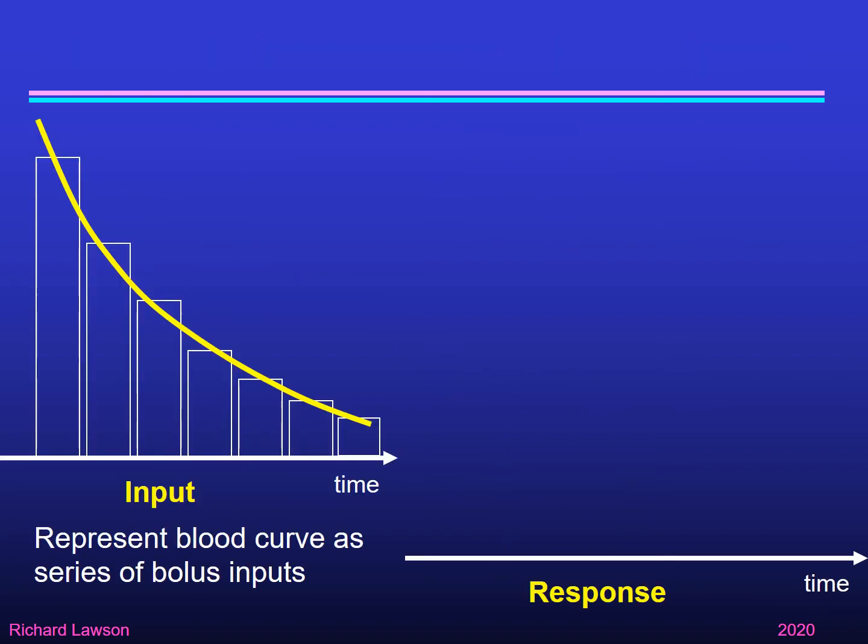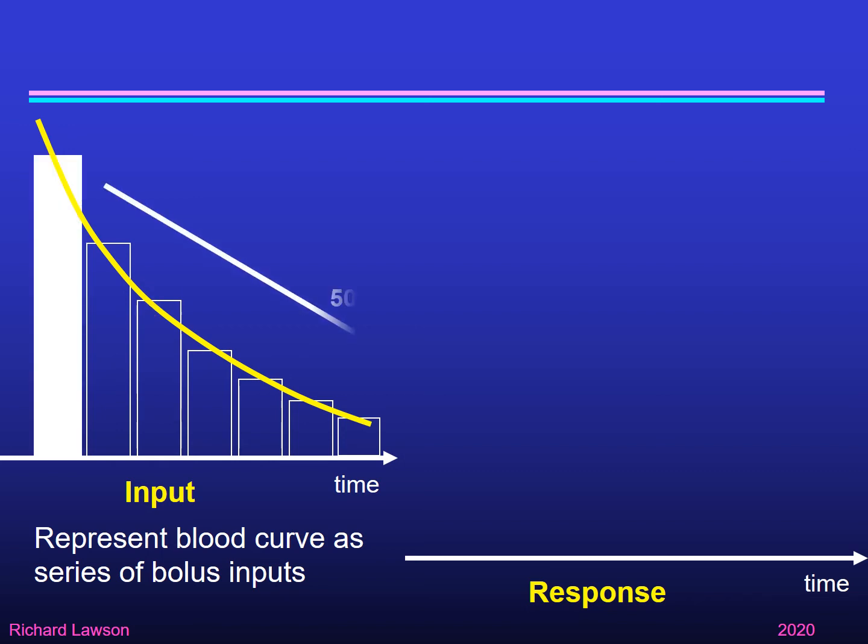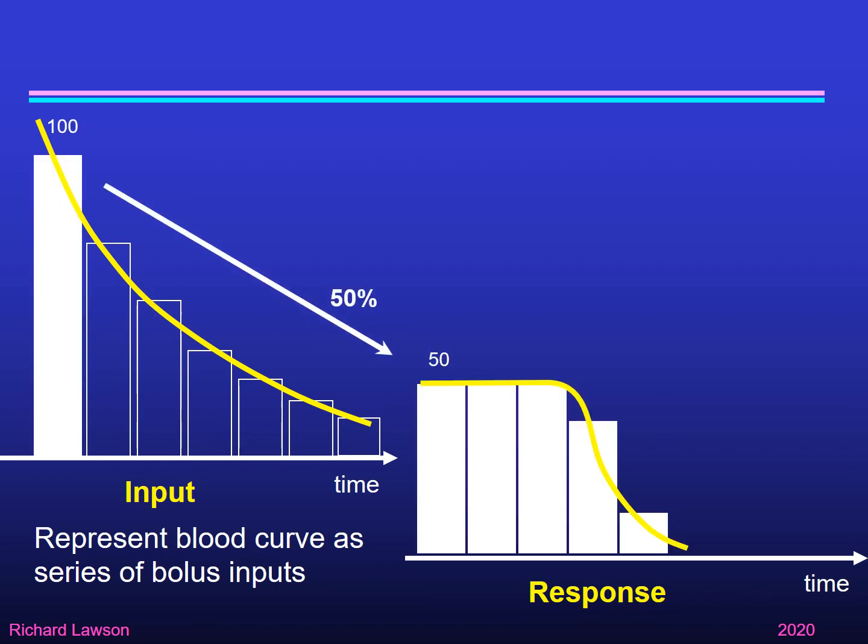We can answer that question by representing a continually falling blood curve as a series of bolus inputs, one after the other, like that. So if we assume that the first minute, for example, is an input of 100 units of activity, and we assume that we have 50% uptake in the kidney, then we will have 50 units entering the kidney. The other 50 units comes out through the renal vein.